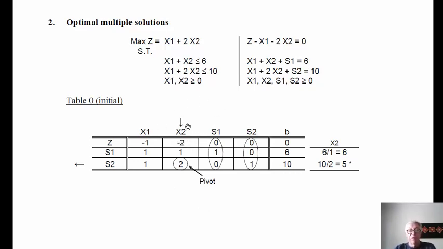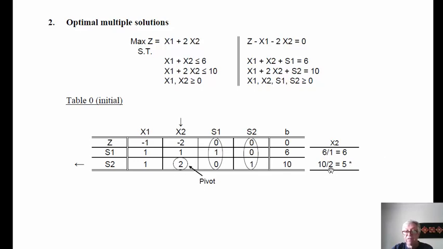So if it is not optimal, we need to change it. If we are going to change it, we want x2 in the base. So to see which goes out, S1 or S2, we evaluate here the values that x2 can assume in the next iteration. So divide 6 by 1, we get 6, and then divide 10 by 2, we get 5.